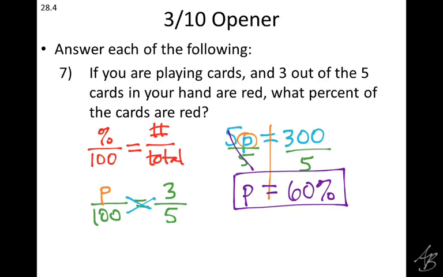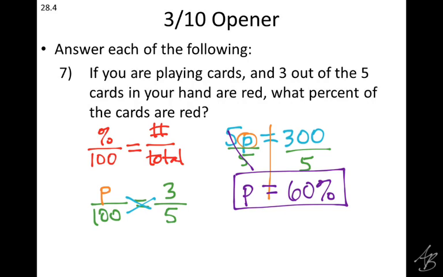Now, did anybody do this one a different way? I just put a different variable. One thing you could do is, if you recognize that it just says 3 out of 5 here, 3 out of 5 can be written as a fraction.